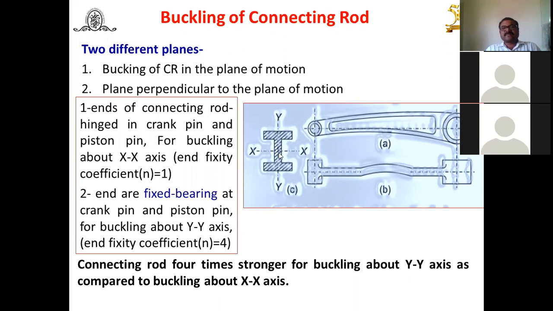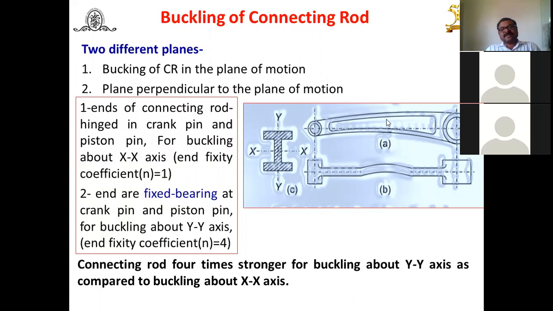Now here we have to consider the axes XX and YY. Why is it to be considered? Because we have to decide whether this connecting rod is strong along the x-axis or along the y-axis, since while calculating the value of I, the moment of inertia along the x-axis and y-axis is required, and accordingly we can decide the section of the connecting rod.